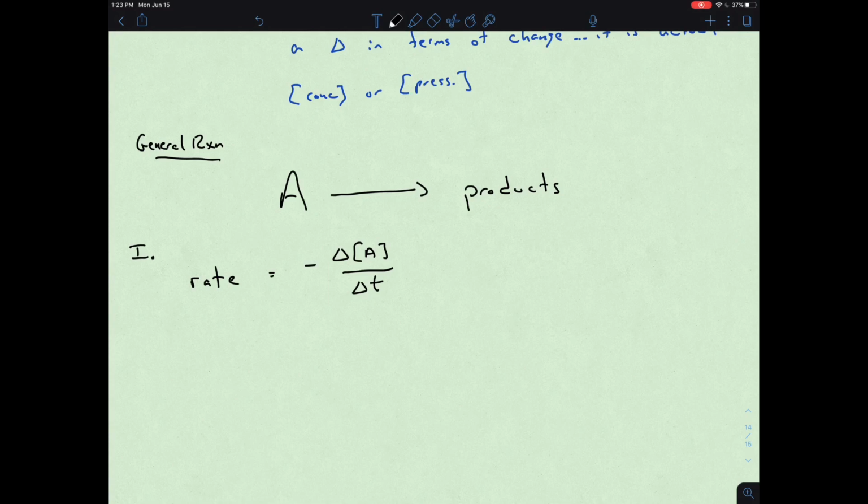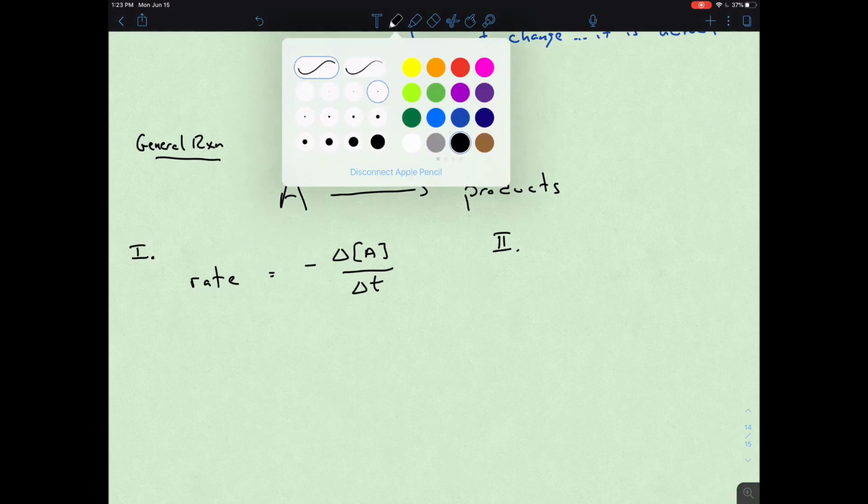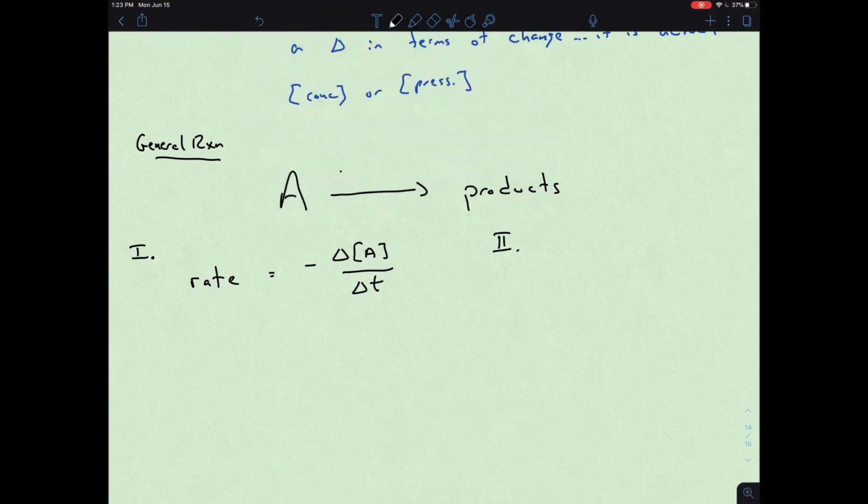That's Roman numeral 1. That's our general rate, or average rate. And then from Roman numeral 2, let's say that this is a zero order process. So that means that our rate would be equal to little k times the concentration of A to the 0 power.